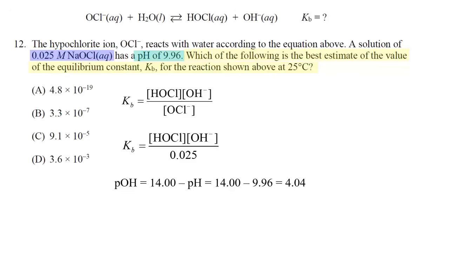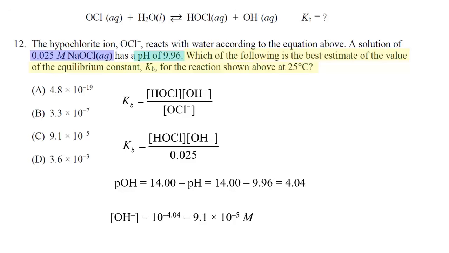Now that we know the pOH is equal to 4.04, then the concentration of the hydroxide ion is equal to 10 to the minus whatever this pOH value is. So that would be 10 to the minus 4.04, and when you do that calculation, you get 9.1 times 10 to the negative 5.